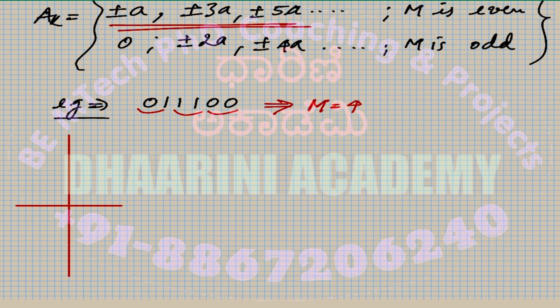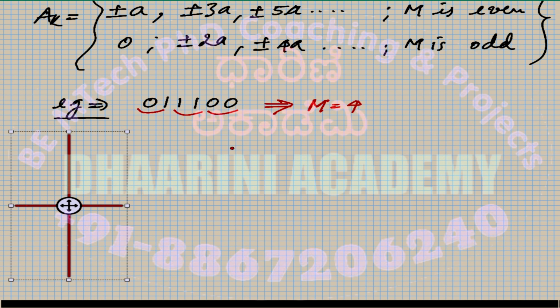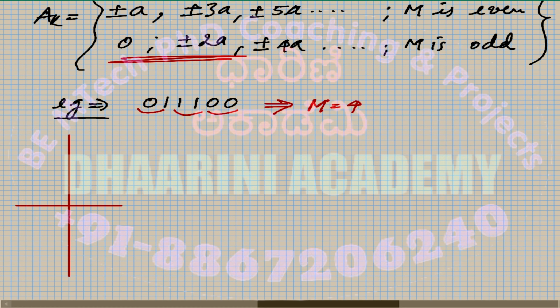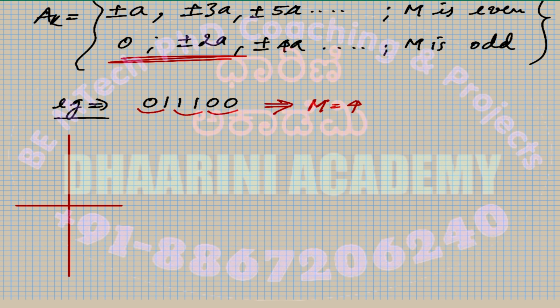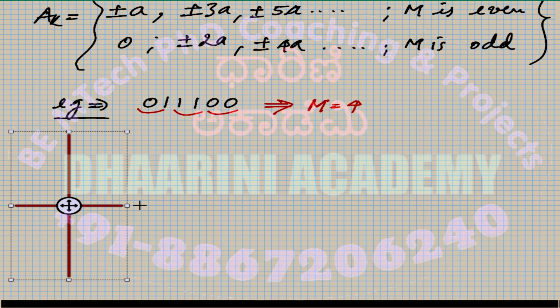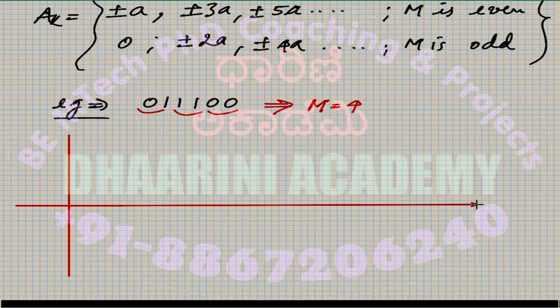Like, for M equal to 3, we have to use 0 and plus or minus 2A if you require only 3 levels. Okay, yes, it's like that. Then let's now say this is A, this will be 2A, and this is 3A. So same thing on the other side. This is minus A, minus 2A, minus 3A.